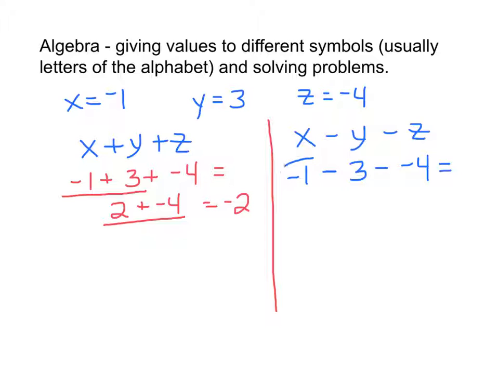So first of all, I'm going to do -1 subtract 3. -1 subtract 3 gives me a -4. So now I have -4 subtract another -4. In order to do that, I would probably change this so I have -4, and I would add the opposite of -4, which would be 4. So the final answer to that is equal to 0.